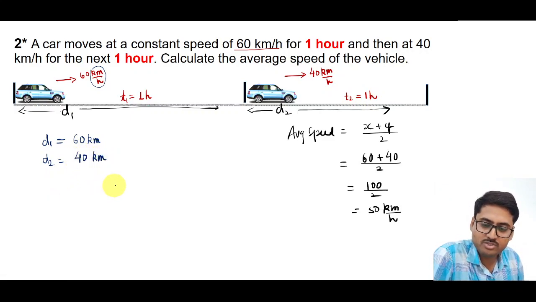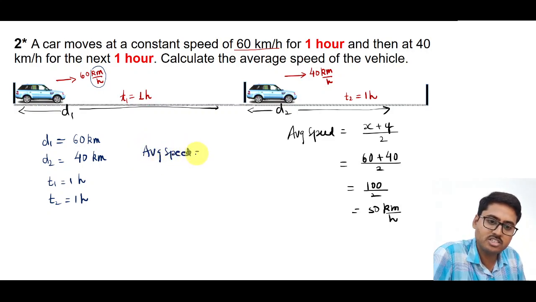So from here you can see time t1 is 1 hour and time t2 is again 1 hour. So from here you can use the formula, average speed is equal to total distance by total time.